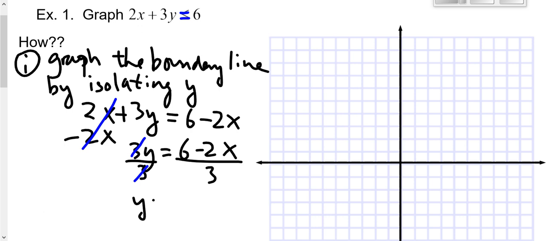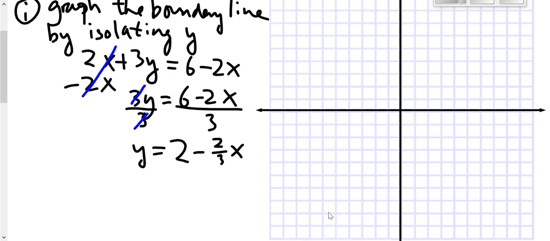So that means y is, divide this by 3, you get 2, and then minus, divide this by 3, you get, in this case, a fraction, 2/3 of x. So if you want, you can rewrite that as y equals negative 2/3 of x plus 2.